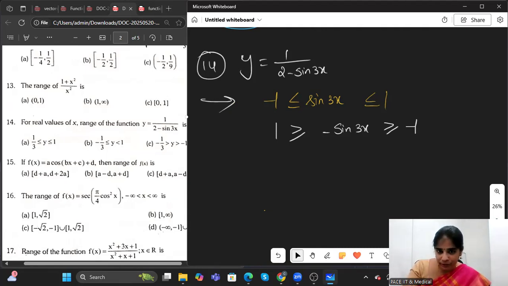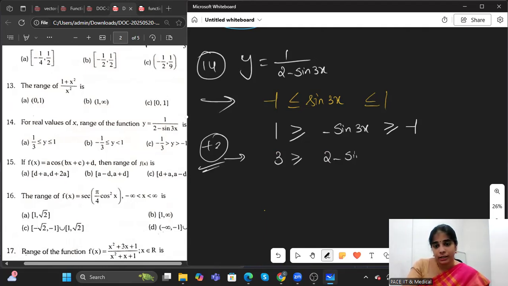Perfect. Now I want 2 minus so and so, which means adding 2 all over. Adding 2 all over. That is 3 greater than or equal to 2 minus sine 3x greater than or equal to, adding 2, minus 1 plus 2, that is 1 there. Now take the reciprocal.